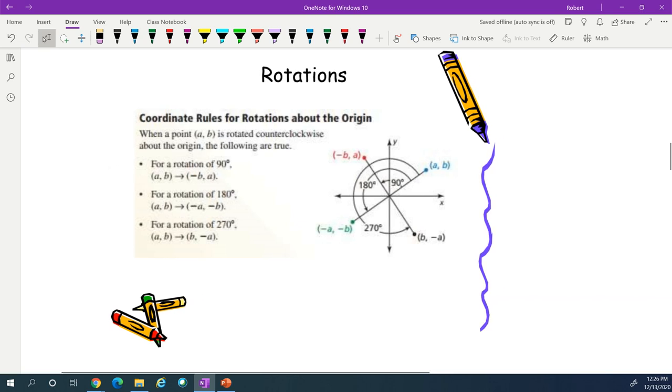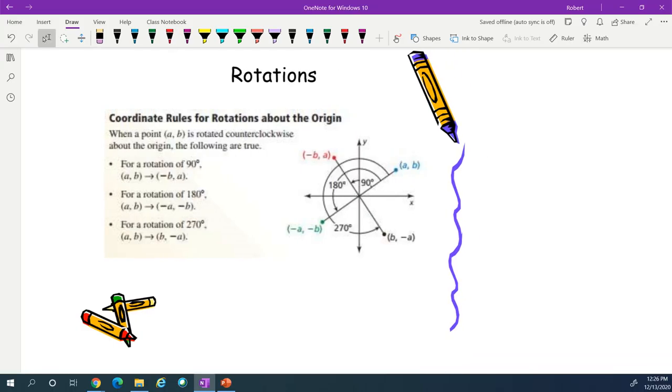First of all, we've got clockwise and counterclockwise. So positive degree is counterclockwise. There's a few things that we have to understand. Positive rotation is counterclockwise, opposite the clock. Counterclockwise.